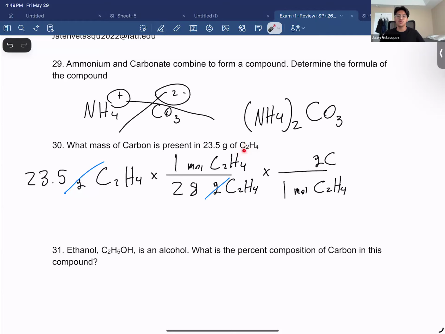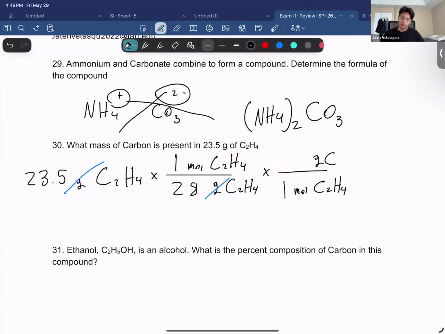So 12 times 2 is 24. We put that for the mass, your moles cancel off, and you have just grams of carbon left. So in this sample of ethane, if you have 23.5 grams, 20.1 of those grams is just carbon. So there's 20.1 grams of carbon in 23.5 grams of ethane.